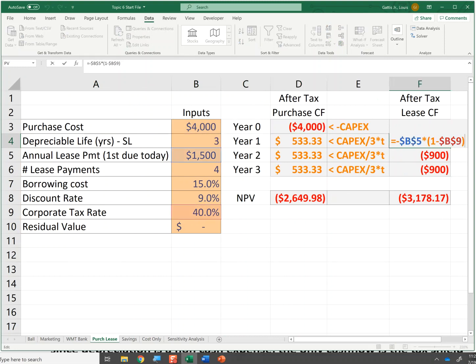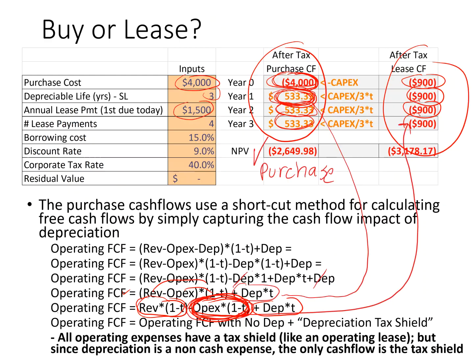The lease expense, that's an actual cash expense. So I'm going to include the lease expense times 1 minus the tax rate. So the lease expense in effect does have a depreciation tax yield also equal to the depreciation times the tax rate, but it also has a cash expense of the lease. So I'm going to leave that in there. So I'm going to purchase this machine based on the current leasing rates and tax rates.